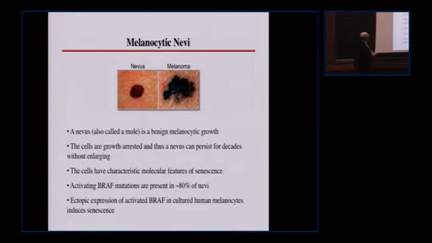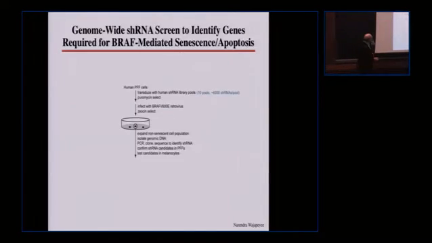And so to try to get insight into that, we wanted to identify factors that were required for oncogenic BRAF to induce senescence in melanocytes. So Narendra pioneered an shRNA screen, which is briefly outlined here.